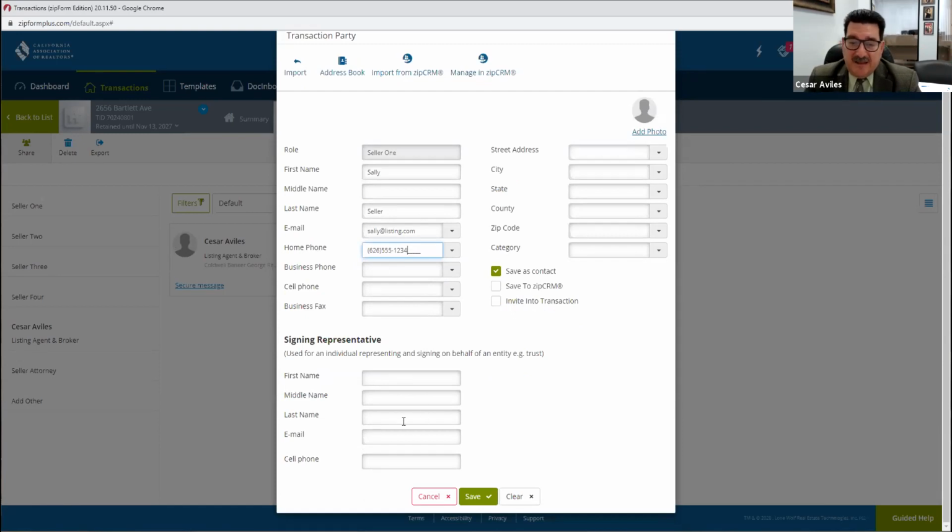This is the person that is going to be signing physically that contract. If it is a power of attorney, here will be the seller's name, and over here will be the attorney in fact, the person actually signing on behalf of that client. So we're gonna save it.